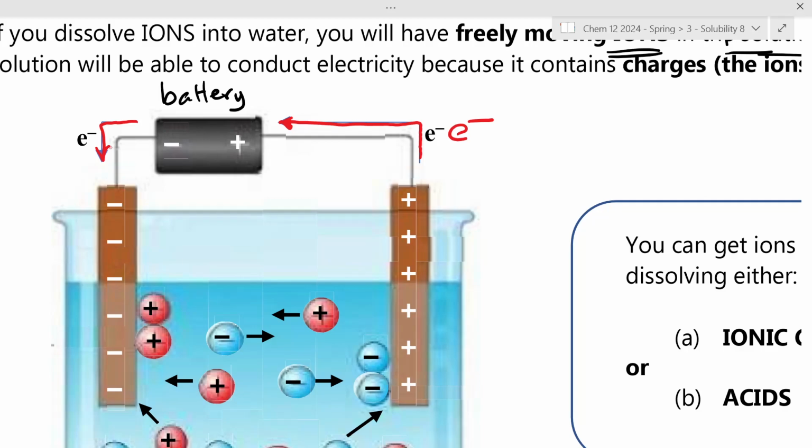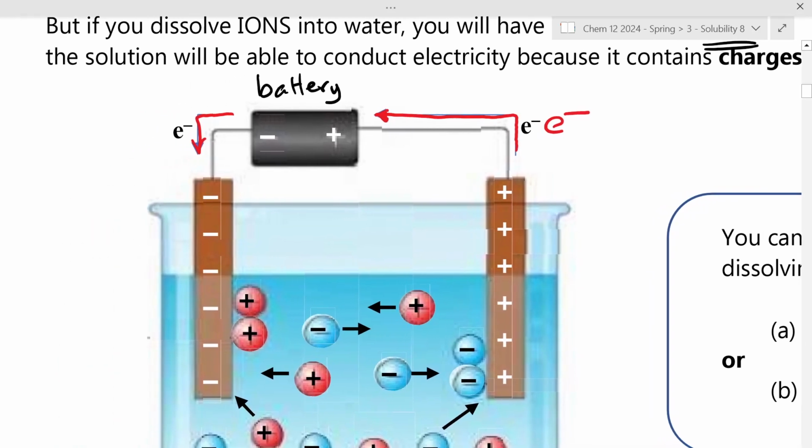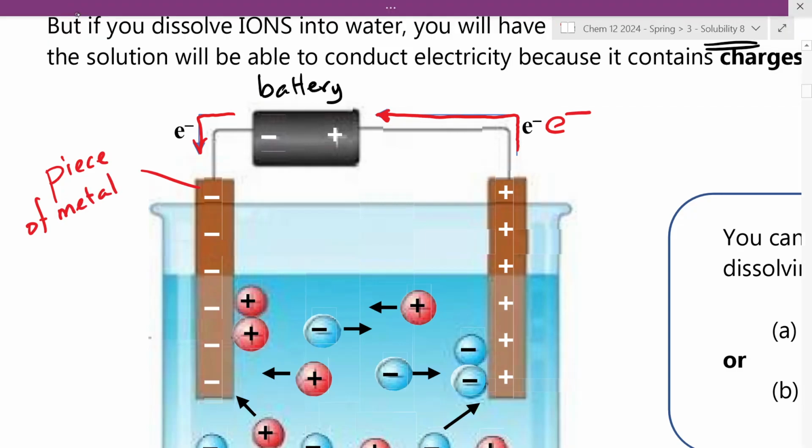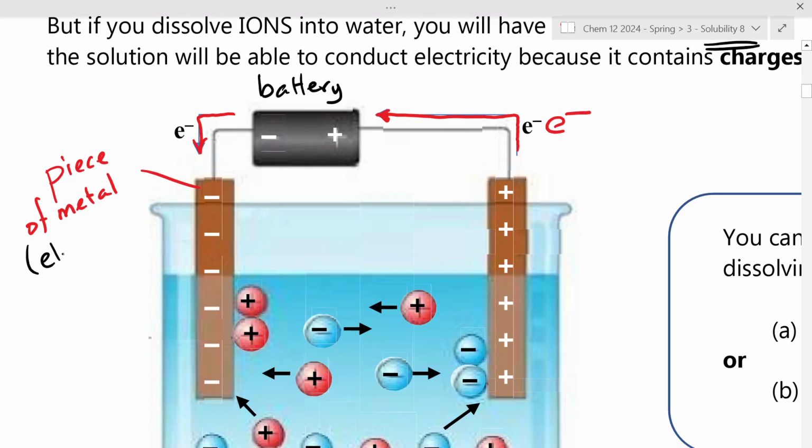Okay. Now, as the electrons move into this piece of metal, and we call that piece of metal an electrode, what charge does that electrode take on as the electrons move in there? It becomes negative. So we have negative, negative, negative.